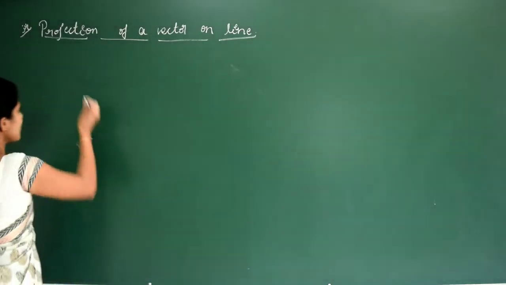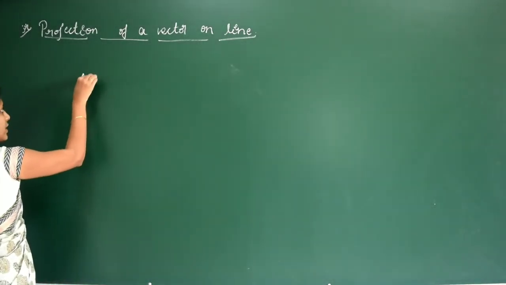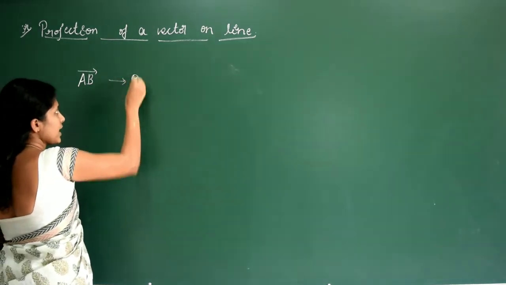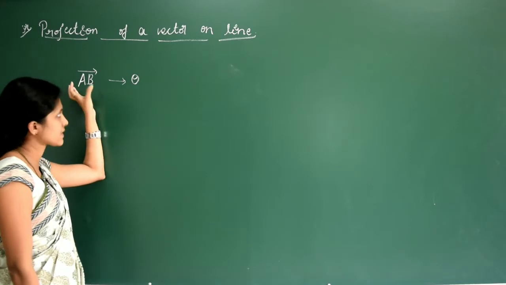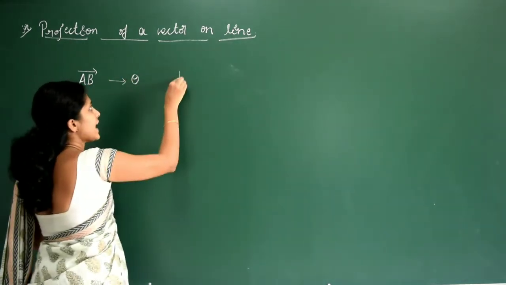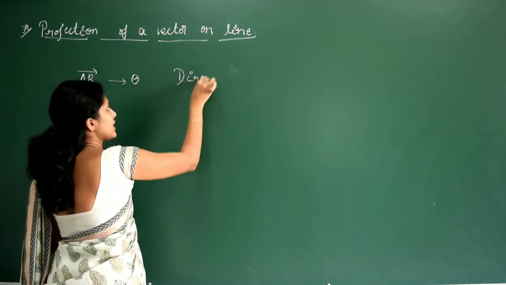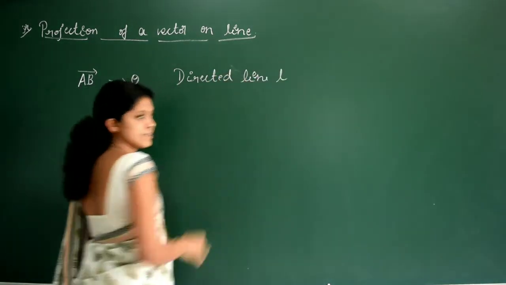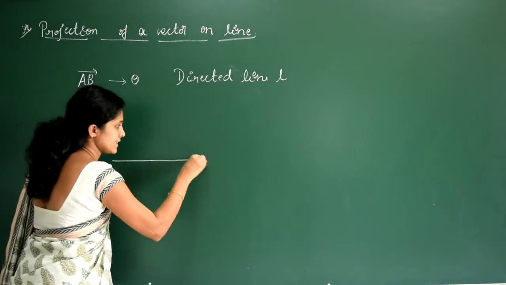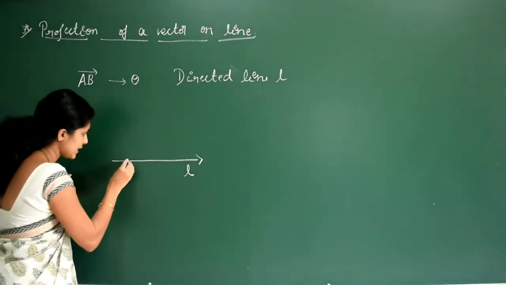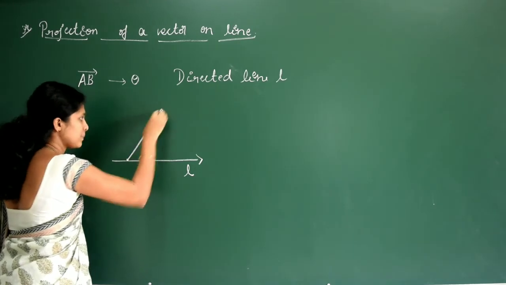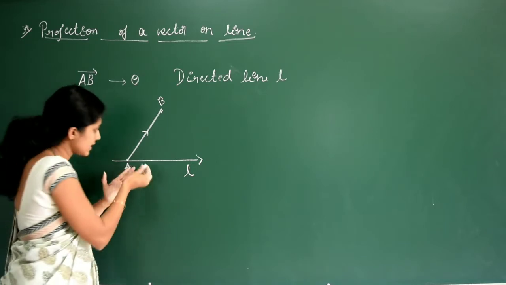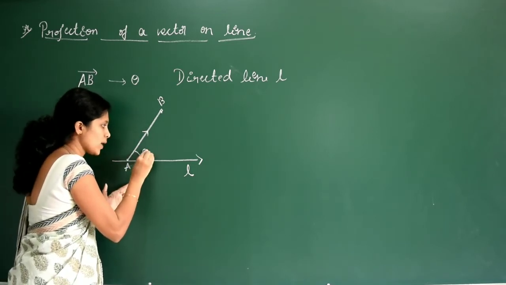So if I consider a vector AB, this is the one vector, and it makes an angle theta with the directed line L. For example, if I consider this as the directed line L, and here A2B is a vector which makes an angle theta in the anti-clockwise direction.